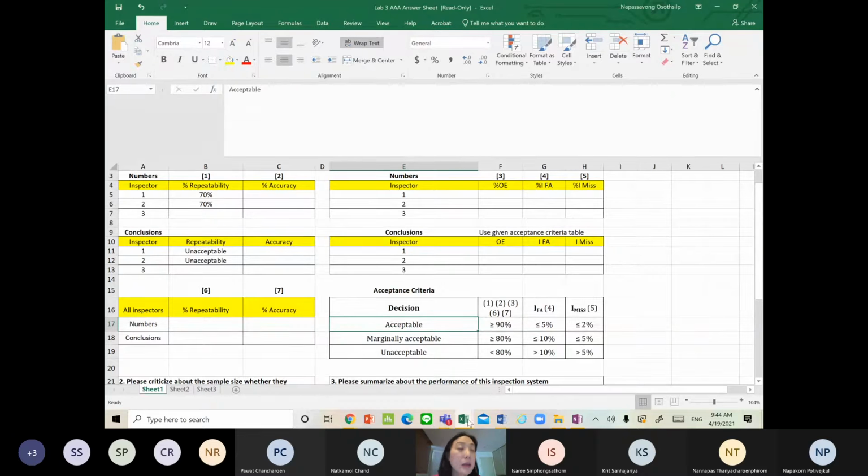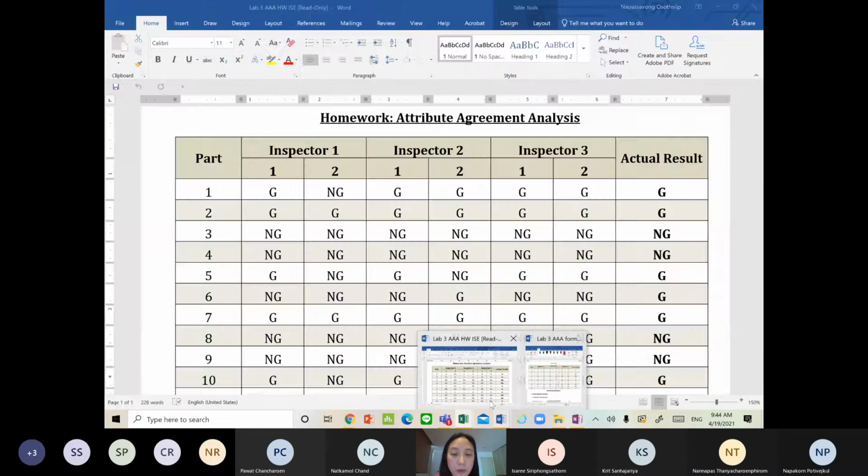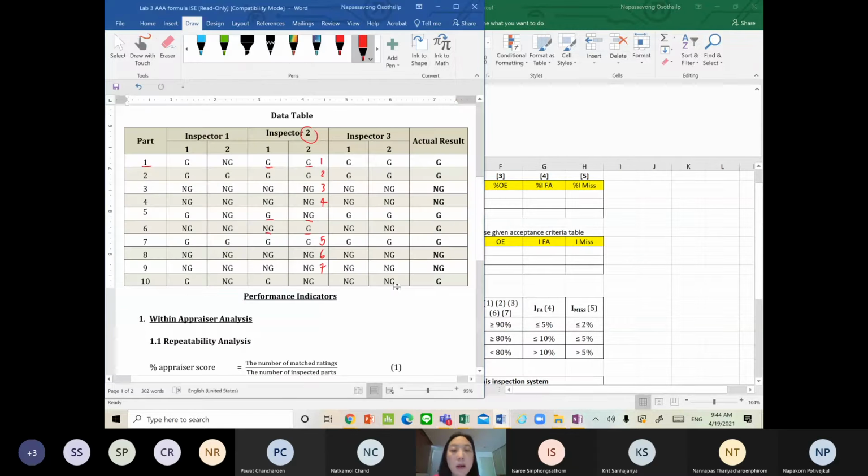Now let's move to inspector number 3. Could you please help calculate the percent repeatability for inspector 3? It's easier to look for inconsistent results and then subtract from 10. Take a look at operator 3.